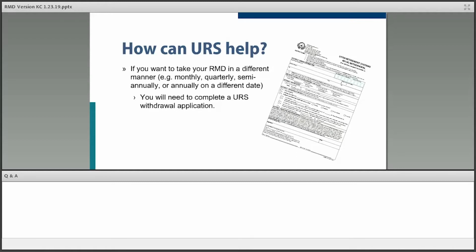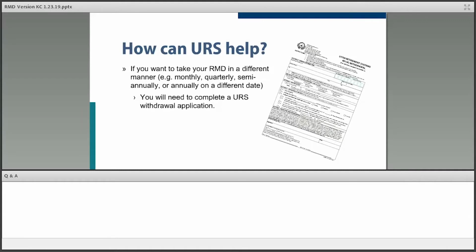To access the withdrawal application, you'll need to log into your URS account on the URS website, and underneath the Forms link at the top of the page, you can access that withdrawal application. Or you could always give us a call here at the retirement office, and we'd be more than happy to send that out to you.